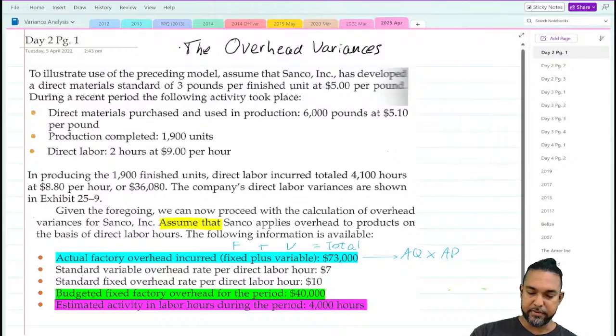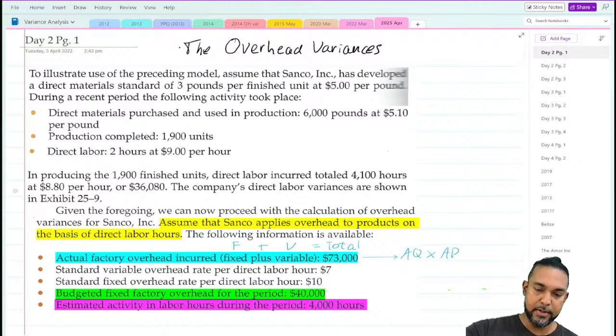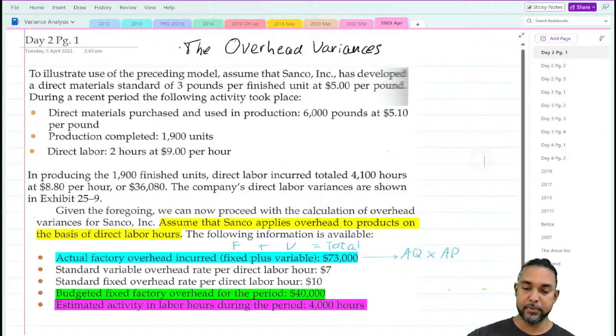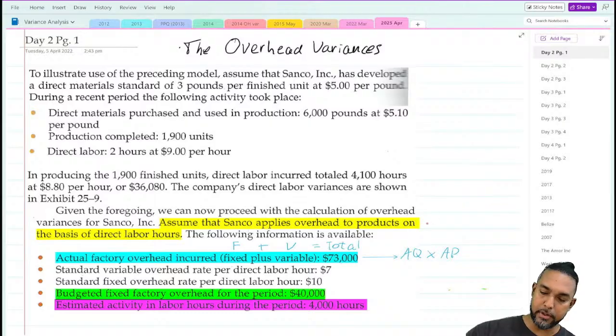So this item here is a very important item. Sanko applies overhead on the basis of direct labor hours. You know how for materials we had a price per unit, and for labor we also had a price per hour. For overheads, as we know, we have an OAR.